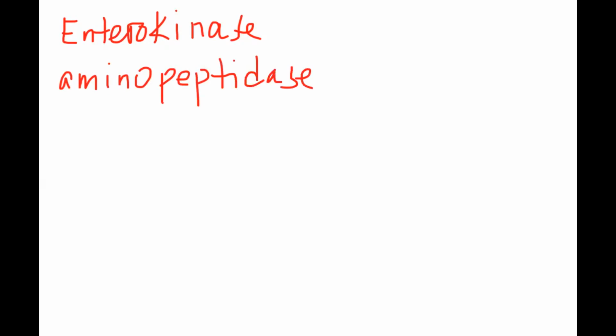Okay, one is called, let me give you the list. I want to follow your book. I don't want to give you more than your book. Let me see. All right, so maybe we do this. Okay, I'll give you the major ones. One is called aminopeptidase. That's a protease.